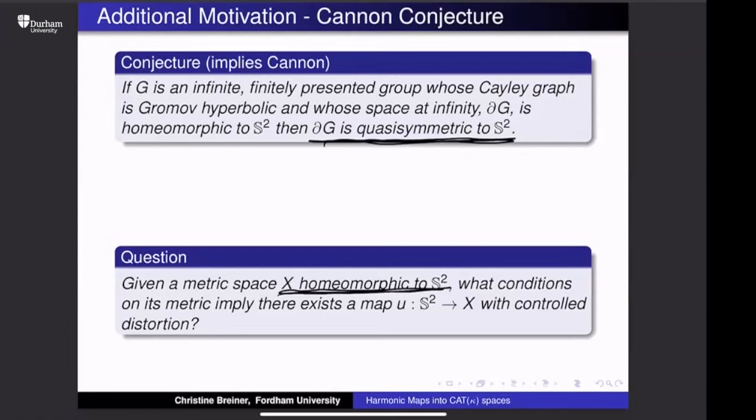What kind of hypotheses can you add? And then what kind of conclusion can you get in terms of controlling this distortion? So this is how it connects back to this big open conjecture, that everybody can chip a little bit at, but that's how we're thinking about what we're trying to do.